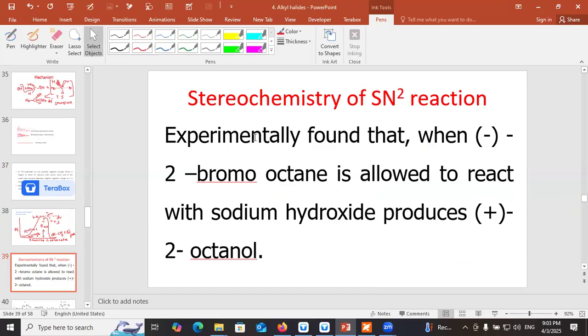Stereochemistry of SN2 reaction: it was experimentally found that when levo 2-bromo-octane is allowed to react with sodium hydroxide, it produces dextro 2-octanol.